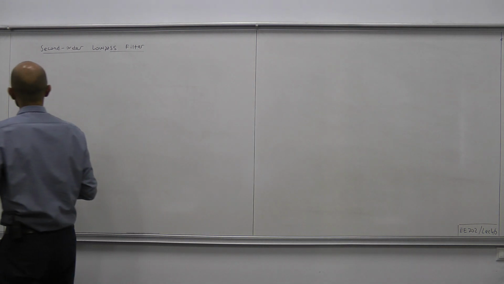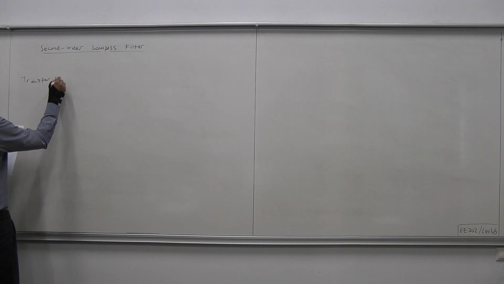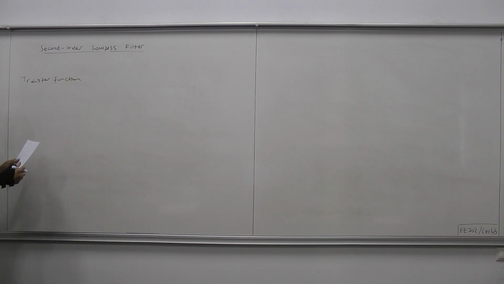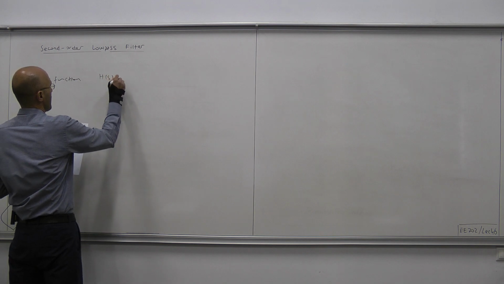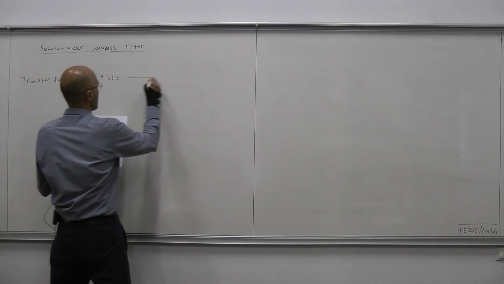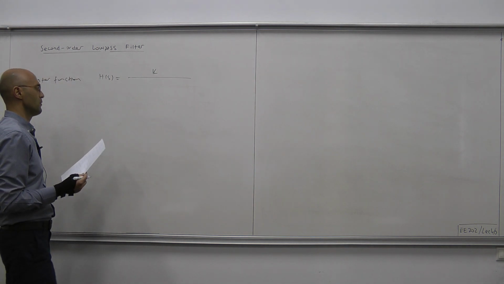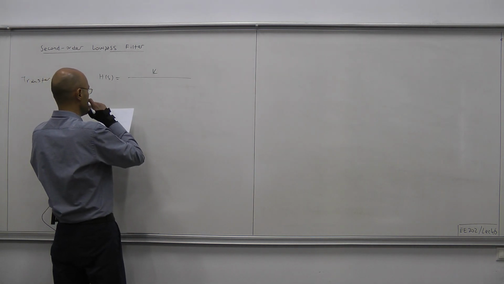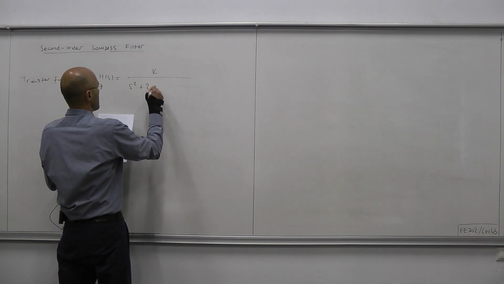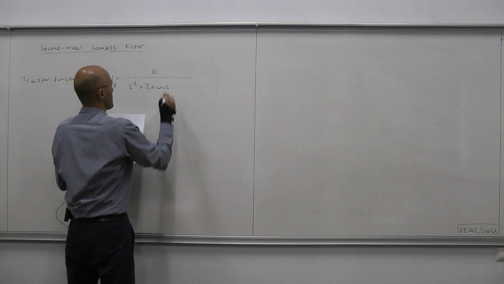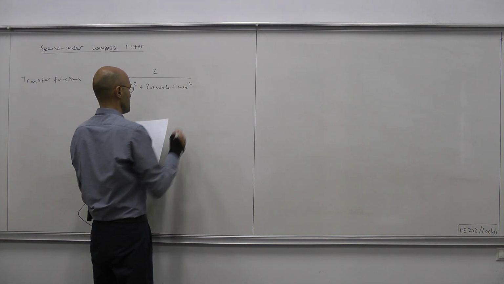The transfer function for a second order low pass filter has the following form. Okay, a degree zero numerator polynomial. We have simply k, and the denominator polynomial is expressed in terms of the following parameters: omega 0 square.